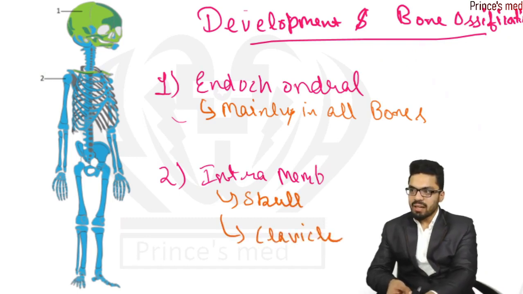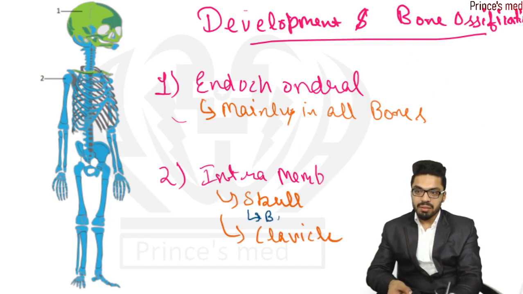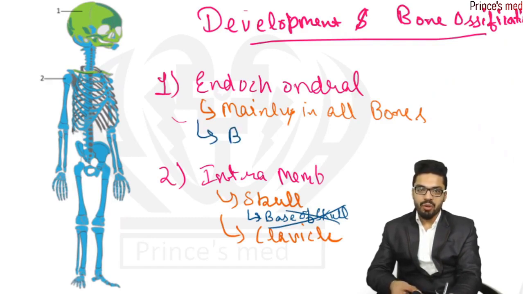Remember this: in the skull, intramembranous ossification takes place, but not in the base of the skull. The base of the skull has endochondral type of bone ossification.